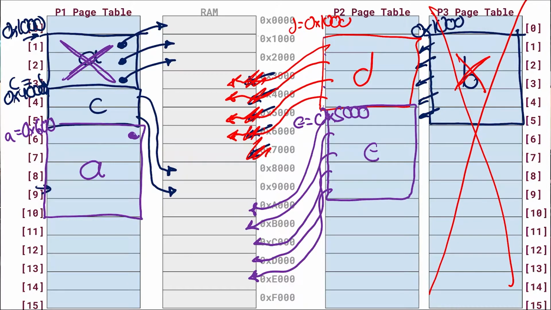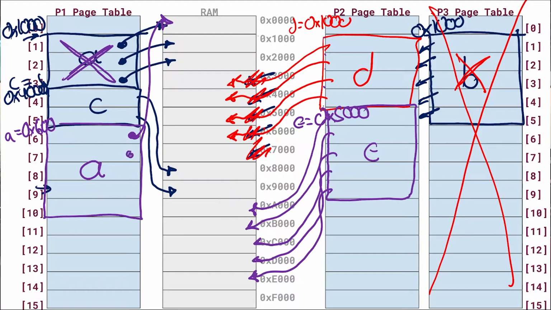Do we have to move any data around inside of the actual RAM? Where's the data that was in the first page of A? Where is it in RAM? Still there, still at the first spot in RAM, right? So even though we're moving where it looks like it is in memory, in reality, we only have to update a few pointers.